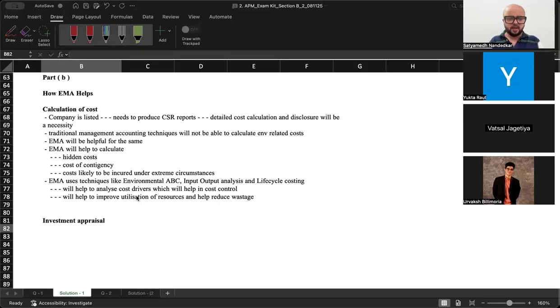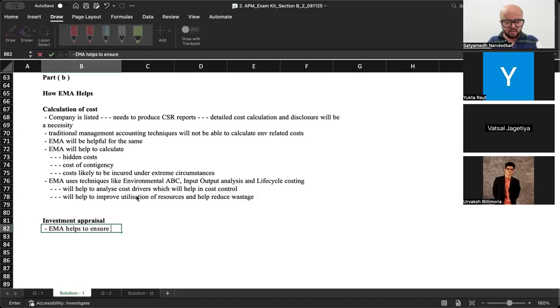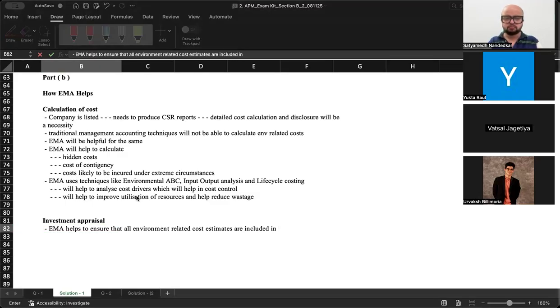ठीक है. Investment appraisal. EMA helps to ensure that all environment related cost estimates are included in the NPV calculations, है ना?